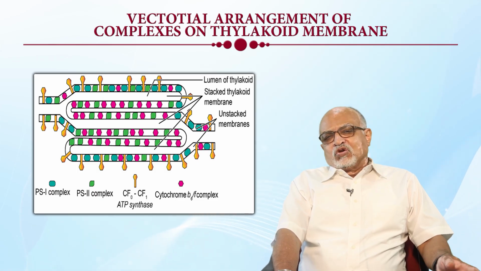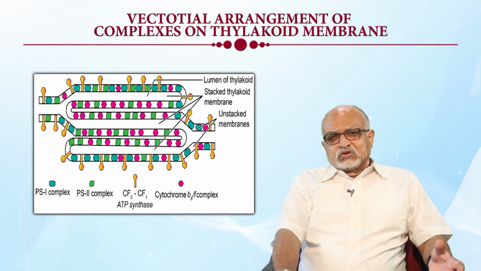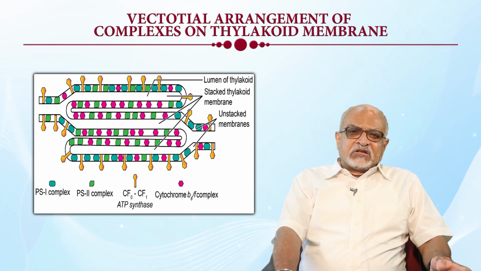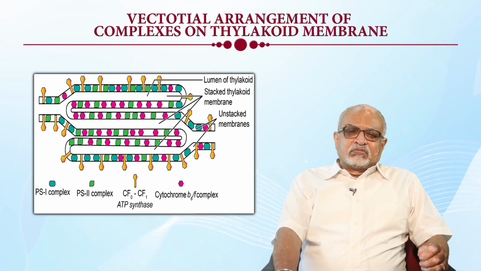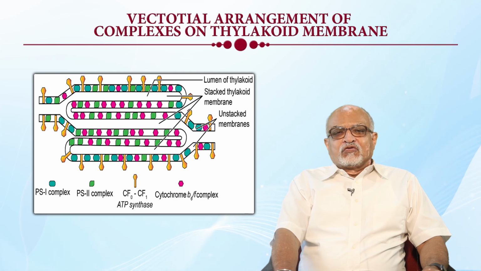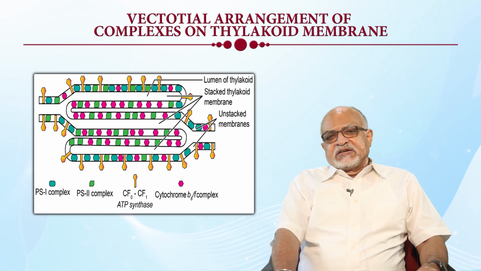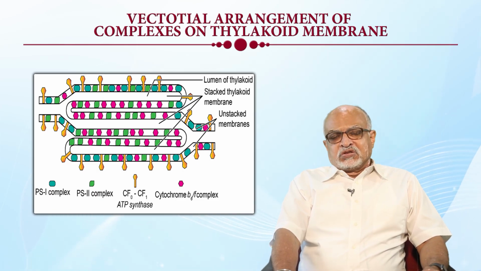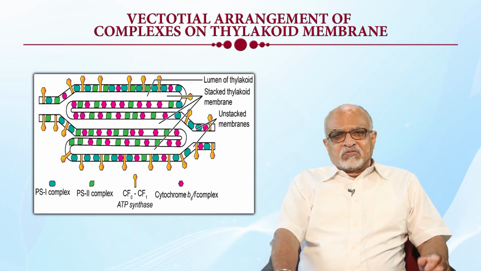They are present on the non-appressed ends mostly, and also of course on the unstacked membranes. On the other hand, the PS2 complex, that is the water photolyzing complex, they are present on the appressed ends.